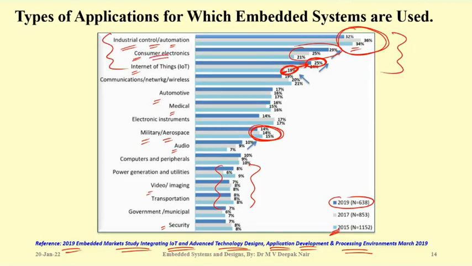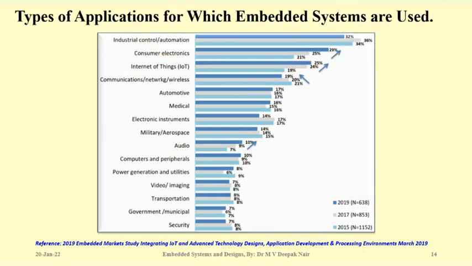When we say consumer electronics, even toys are considered in that. Then there are communication and networks. Of course, automotive is going to boom in the coming years. This section will definitely increase exponentially in future. So these are the areas in which embedded systems are used.